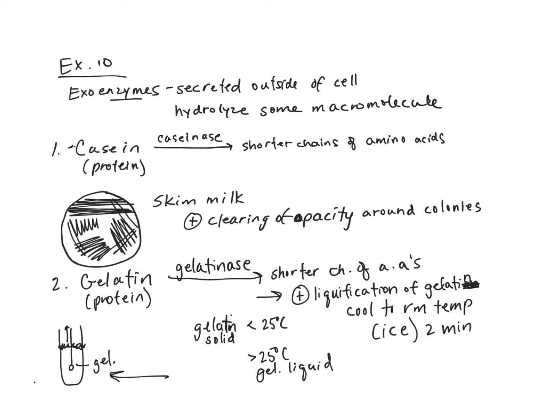If it's liquid when you've cooled it down, then that's going to be a positive. Now, in reality, when you come into lab, the tubes will have been in the refrigerator, so we don't need to worry about putting them on ice, but it is something you have to keep in mind. You can't pull these right out of the incubator and say, oh, they're liquid, it's positive, when in fact all the tubes will be.